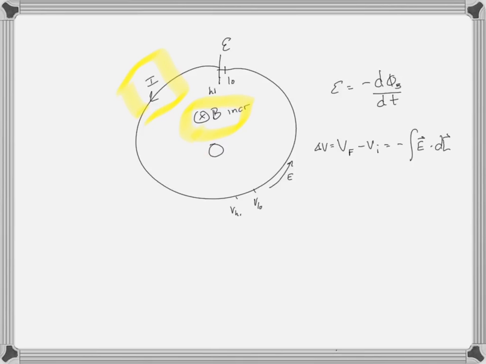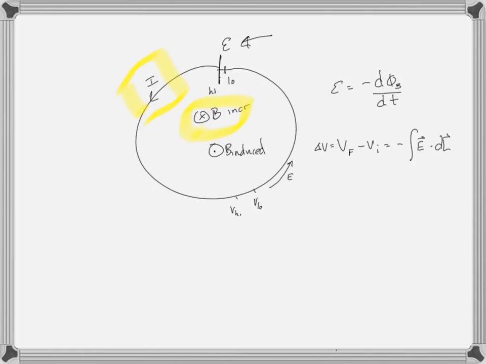That's how we know the direction of the induced current. An induced current must be pushed by a potential difference. If the induced current is clockwise, then the potential difference is pushing it clockwise. It's not the same as putting a battery in, but it's like putting a battery in that direction.